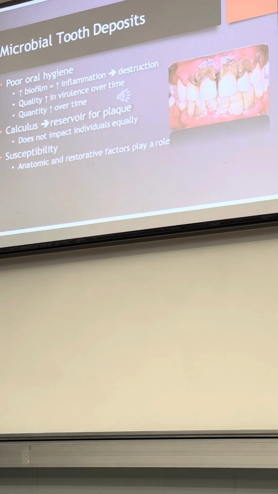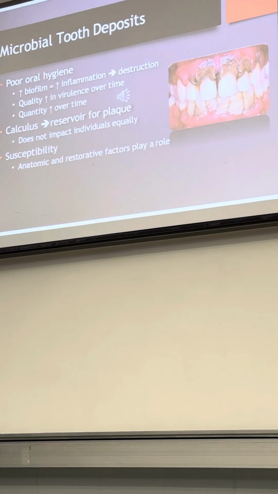Microbial tooth deposits as a modifiable factor. Why is that modifiable? We can get rid of those, right? If we're talking about calculus or biofilm, those tooth deposits, we can get rid of those. They do increase the risk, but it's modifiable because we can help control that. Poor oral hygiene, that increased biofilm, is going to lead to more inflammation and more destruction.